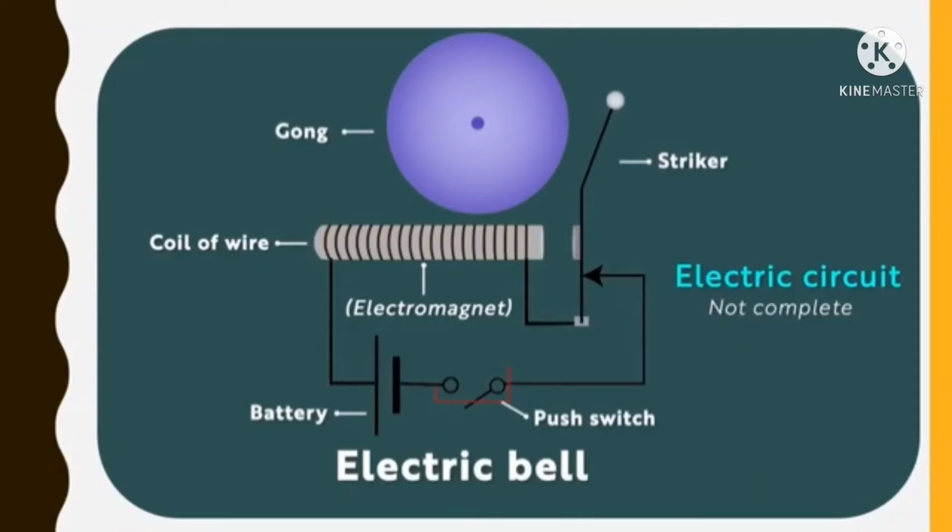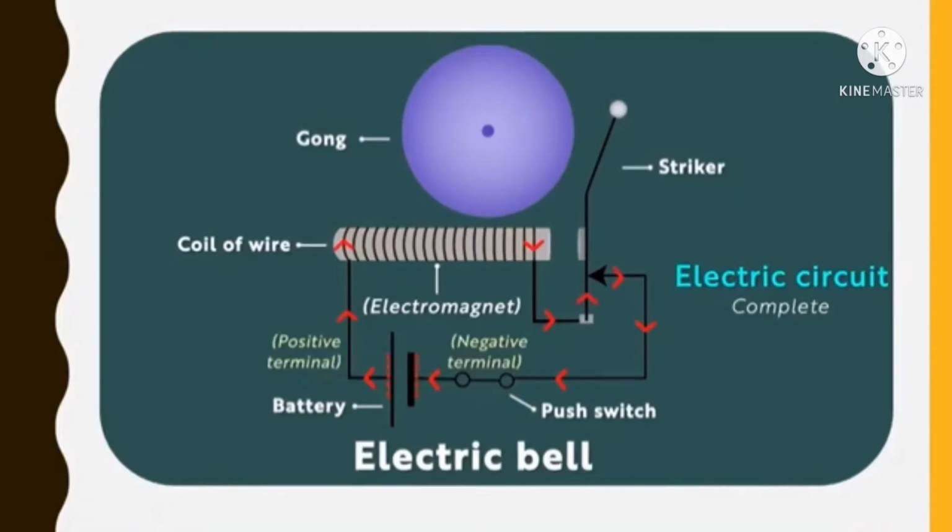The gong and the striker play a very important role. That's why you have to write neatly each and every part which is showing the structure of the electric bell.